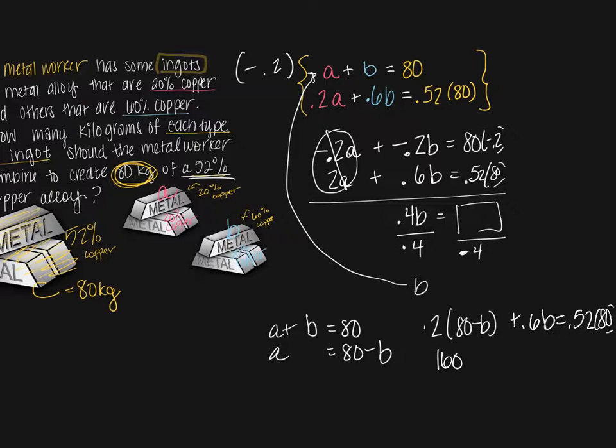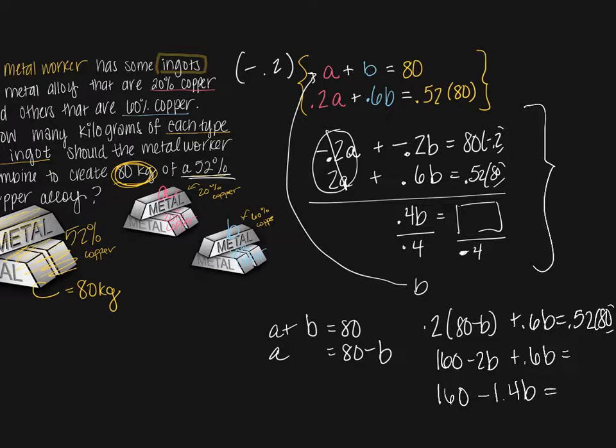Solve this out. And you're going to end up with 160 minus 1.4B. Anyways, it's a lot more work. I honestly think this way is going to be way faster for you.